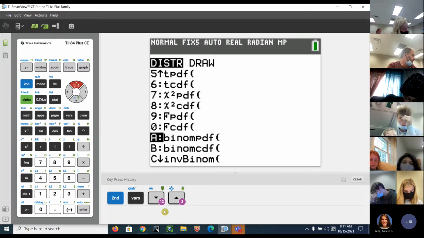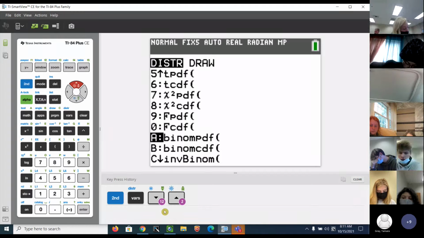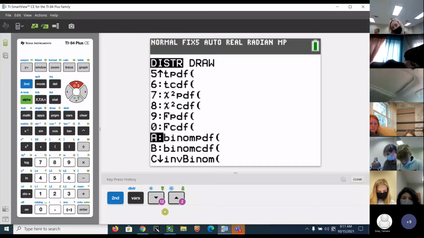Binomial PDF stands for precise, P, meaning the point.